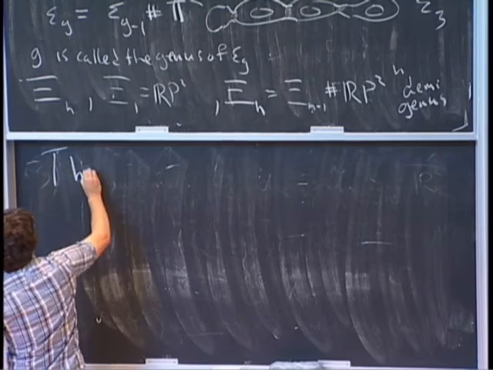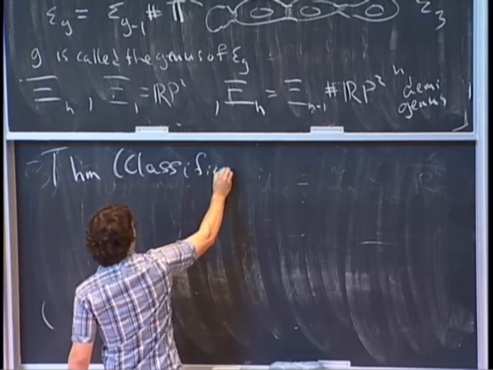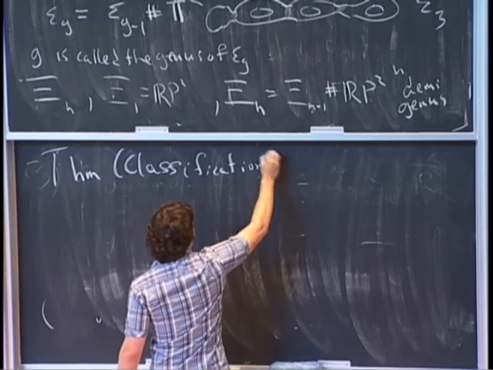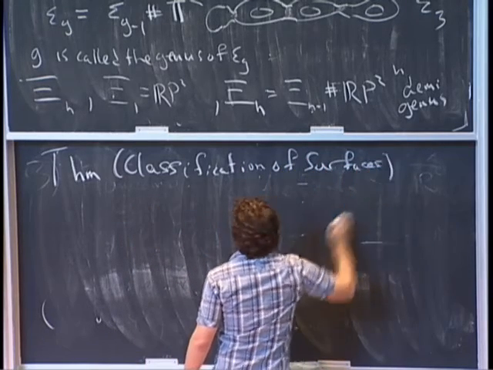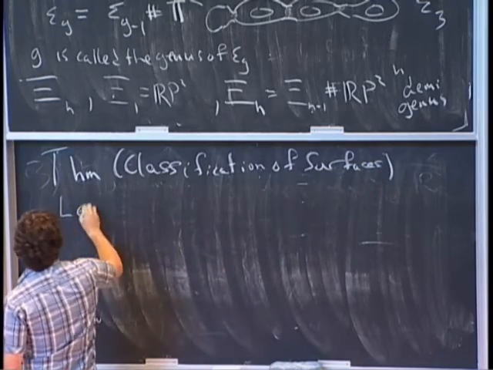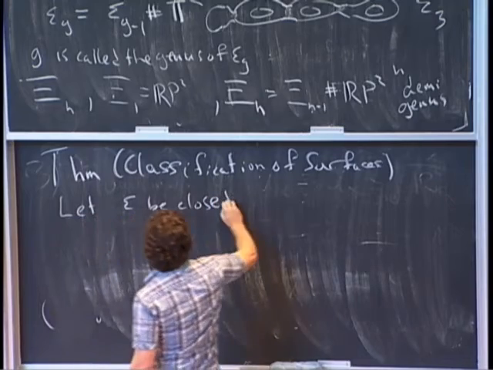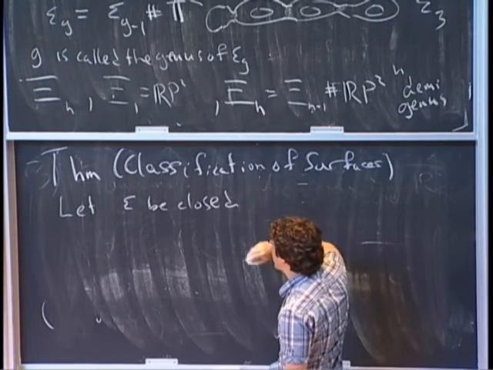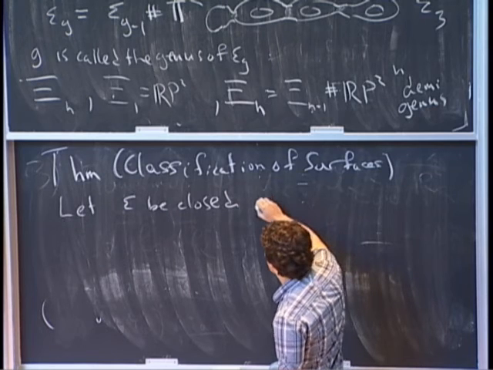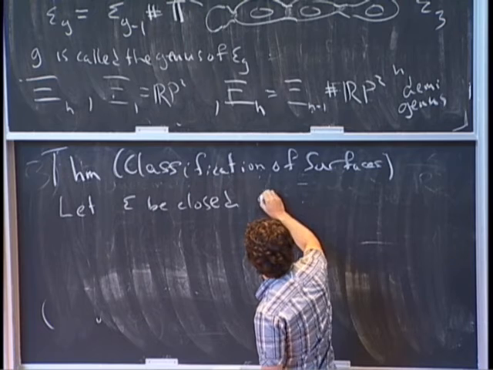So we have this theorem, which is the classification. OK, so let sigma be a closed surface. So closed means compact and without boundary. Or really, the without boundary is redundant, but just say it's a compact, closed, connected surface.